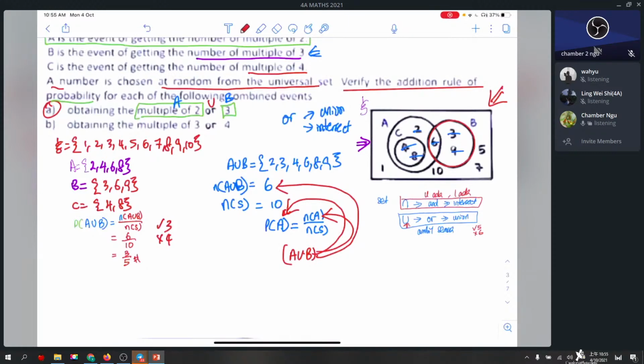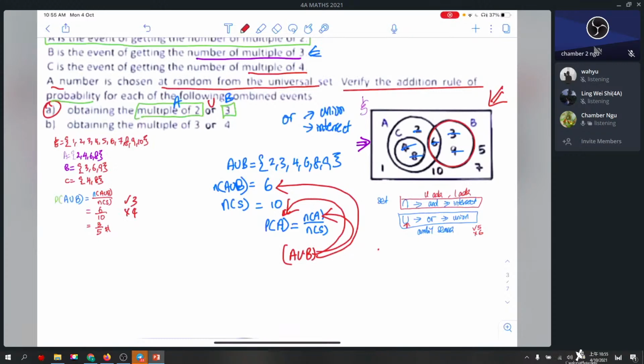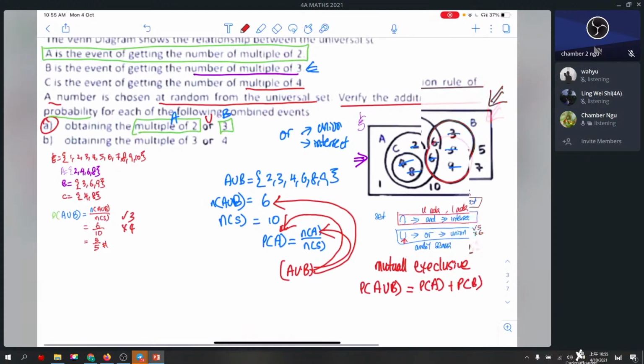Okay, now we try to have a test. Kita menguji dulu. Kenapa? Sebab if mutually exclusive, so this means A union B ialah probability of A tambah probability of B. Macam yang ini.